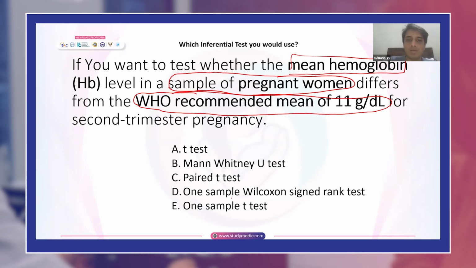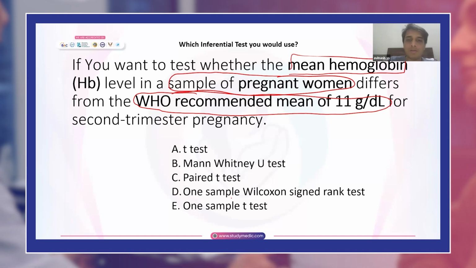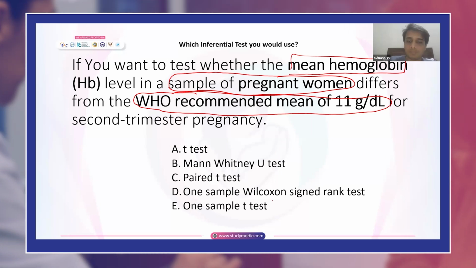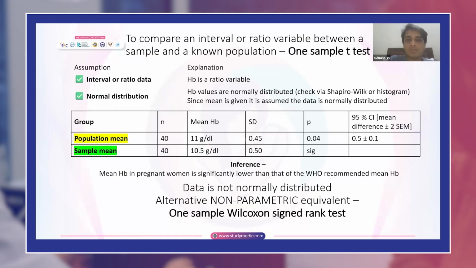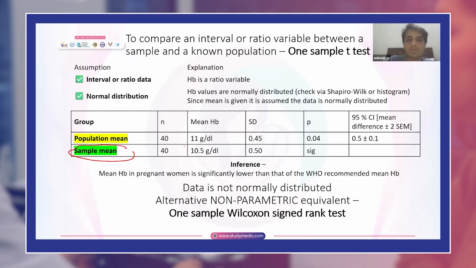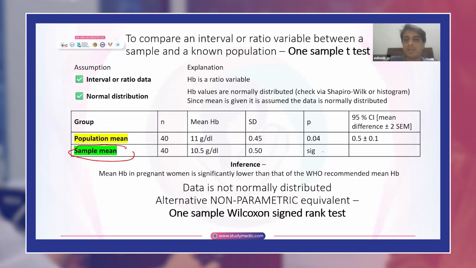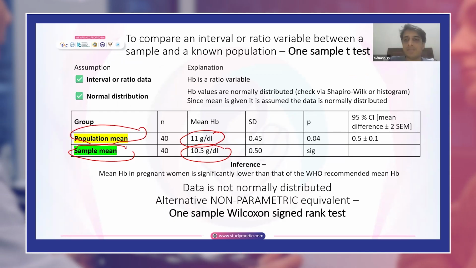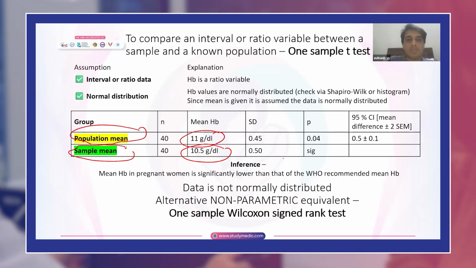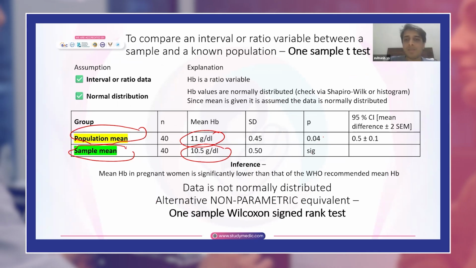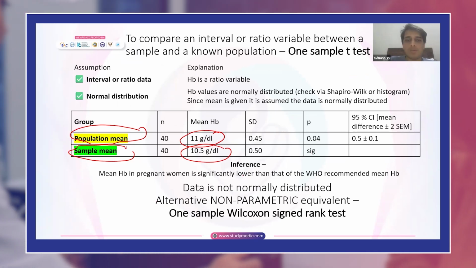So it is a one sample t-test, and you can see here the sample mean, that is around 10.5 grams per deciliter, and we are comparing that with the known population mean of 11 grams per deciliter. As can be seen, the sample mean of pregnant women is a little bit lesser and the p-value is less than 0.05.